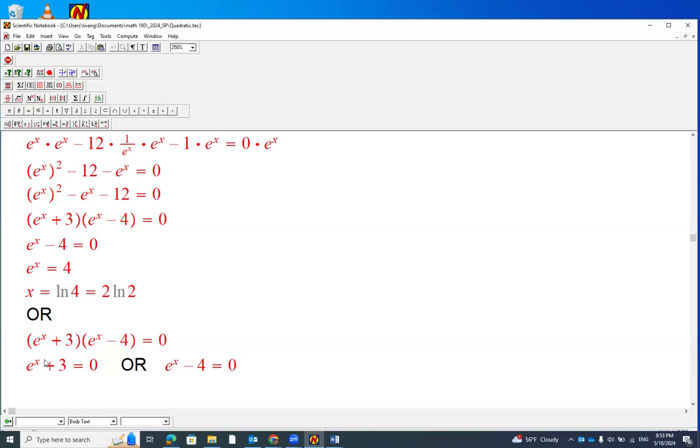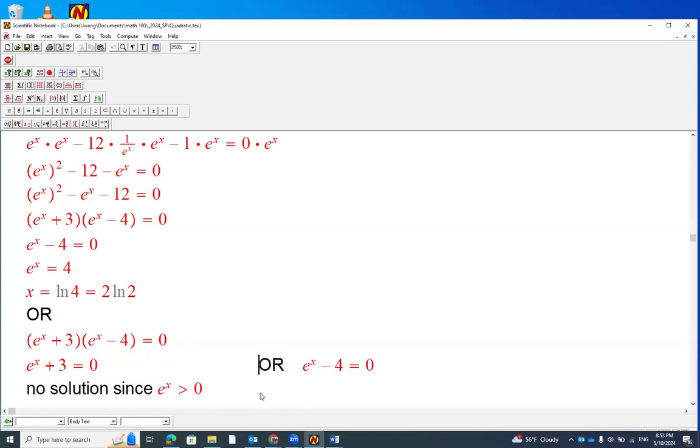So on this one, this equation has no solution, right? Because e to the power x is always positive, e to the power x plus 3 is going to be more positive, right? So that's the first part.